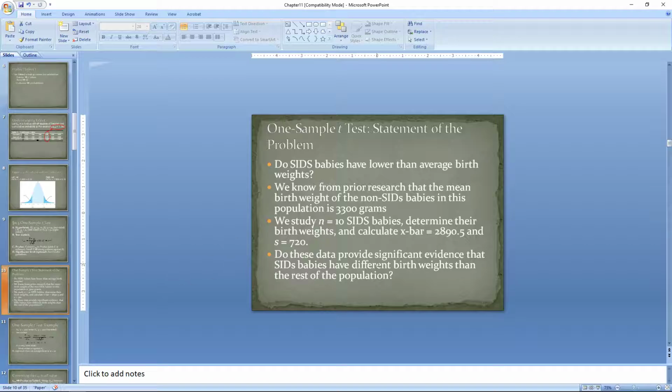We know from prior research that the mean birth weight of non-SIDS babies in this population is 3,300 grams. We study 10 SIDS babies, determine their birth weights, and calculate our mean, our x-bar, to be 2,890.5 and our standard deviation of 720. So what we want to know is, do the data provide significant evidence that the SIDS babies have different birth weights than the rest of the population?